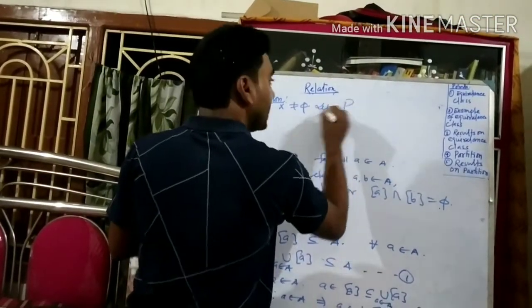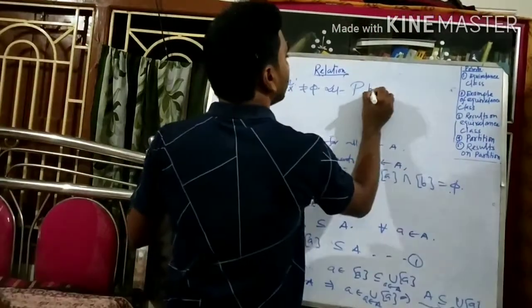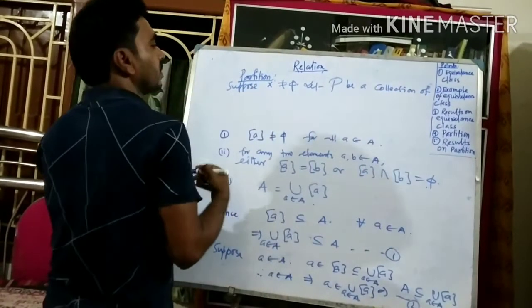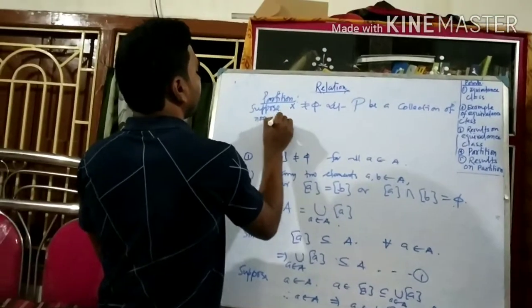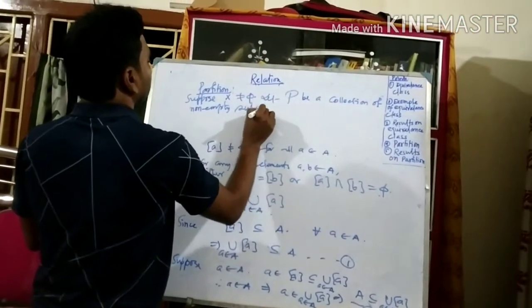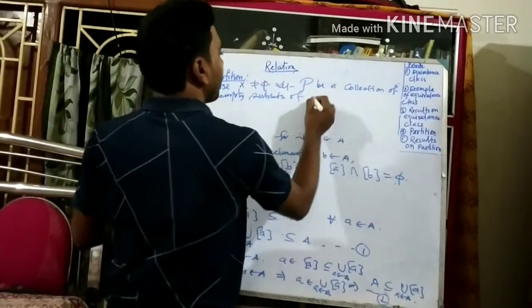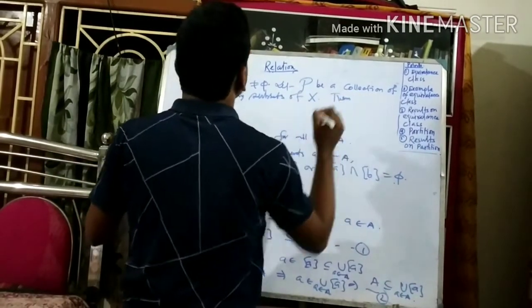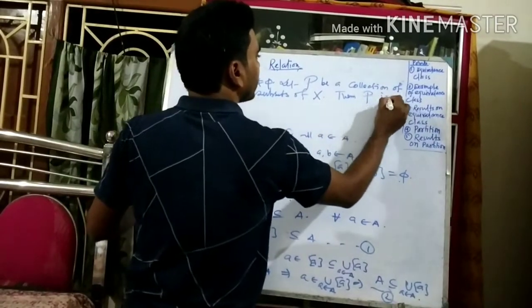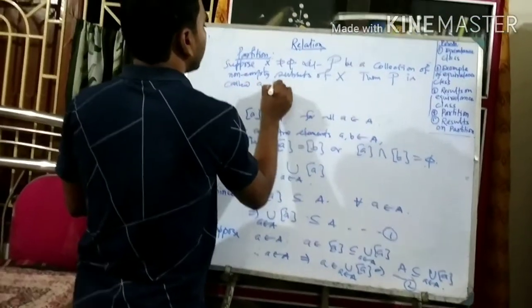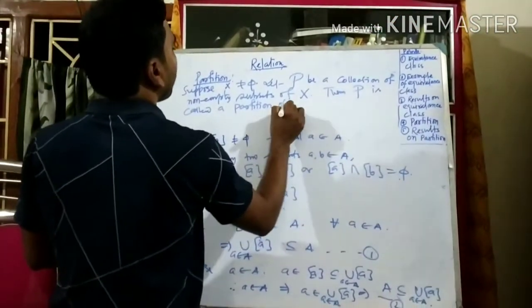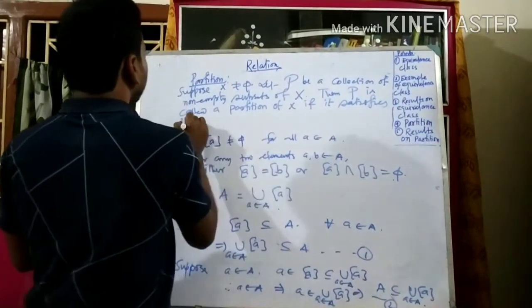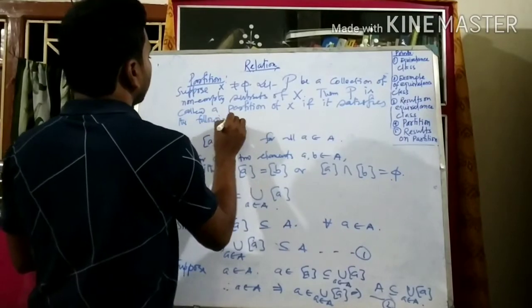Let script P be a collection of non-empty subsets of X. Then this P is called a partition of X if it satisfies the following conditions.